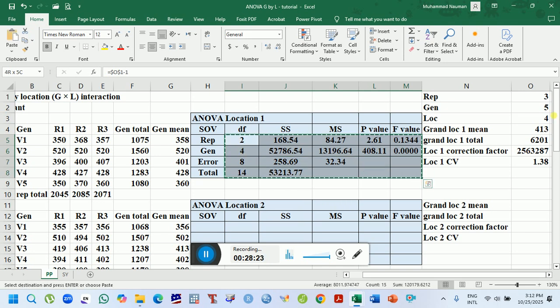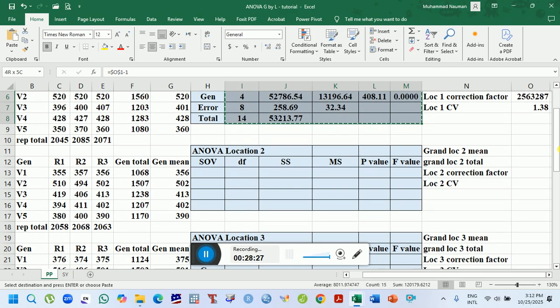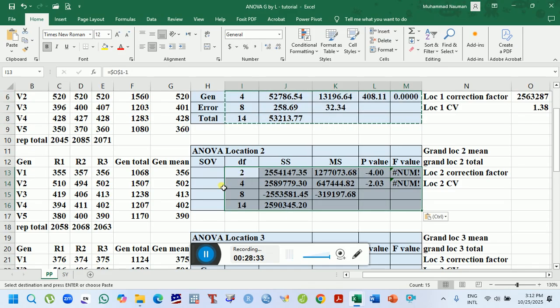Control C, copy. Now you can see 2, 4, 8, and 14 are the same, and the rest of the calculation is incorrect only because of the correction factor.